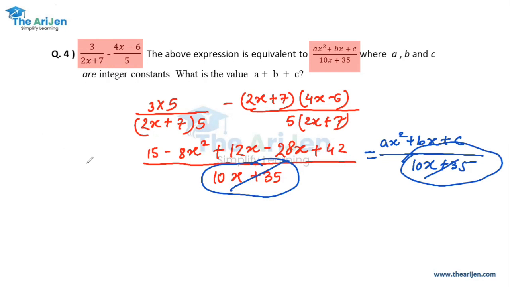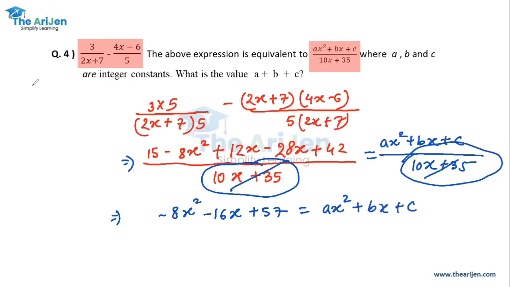So now on solving this particular side of it, you will get 15, 8x square and this. 8x square will be 8x square only, and this 12x and 20x will give you negative 16x, right? And this 42 and 15 will give you what? On combining the values, you will get 57, right? And you have this ax square plus bx plus c.